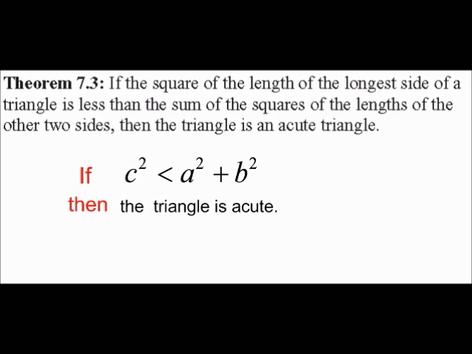In our next set of big problems, we're going to be looking at a triangle and deciding whether it's a right triangle if c squared equals a squared plus b squared, or deciding whether it's acute or obtuse. Well, we see here that if c squared is less than a squared plus b squared, it will be an acute triangle. In a second, we'll take a look at Sketchpad and show you a little picture of this and what's going on.